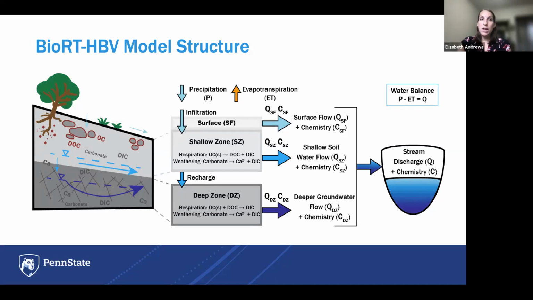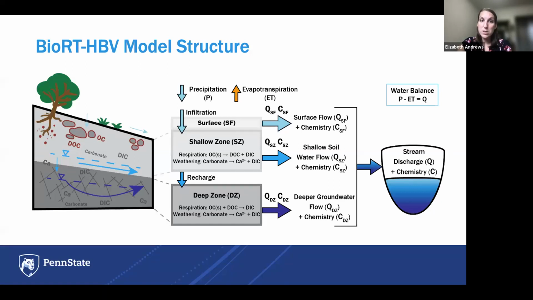The HBV model is a bucket type model that does a water balance that takes into account the precipitation and the evapotranspiration. Precipitation minus evapotranspiration is equal to the discharge that we'd see in a stream. The way that it's set up, it's three buckets.